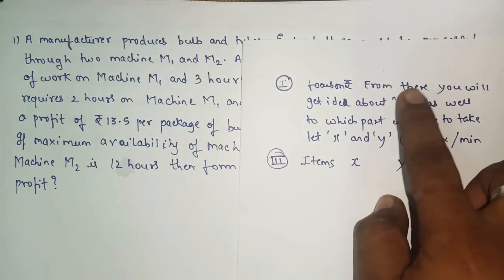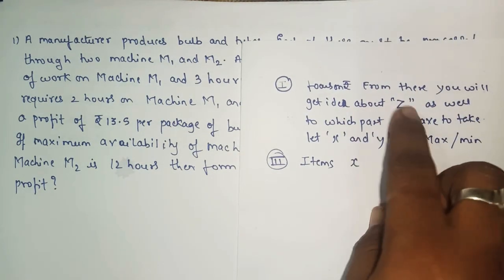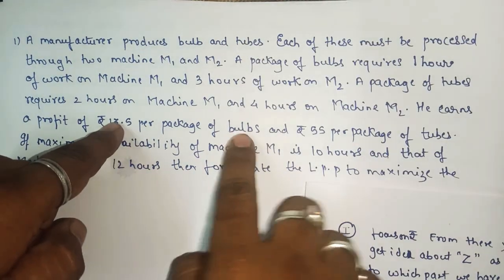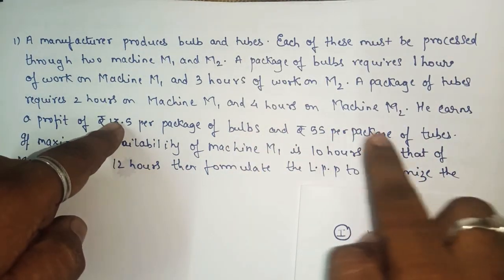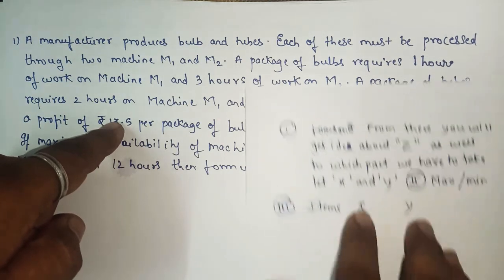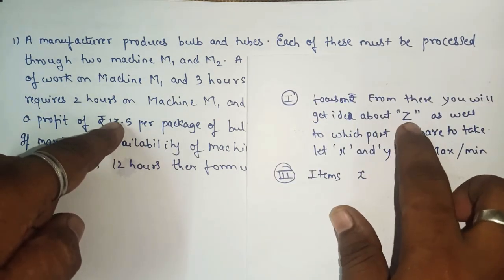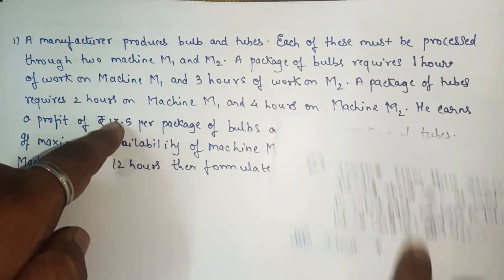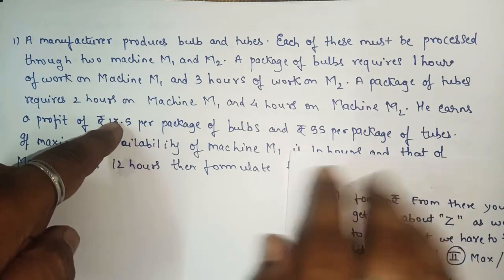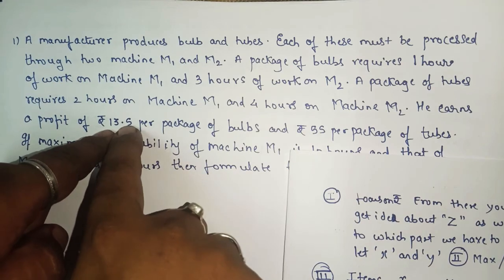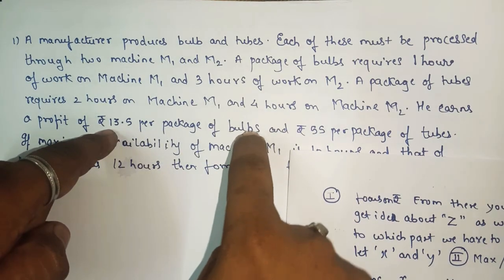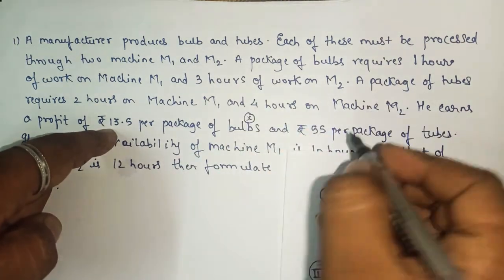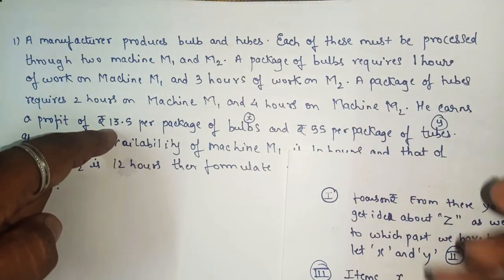From there you will get the idea about Z. So where do you get the idea of Z, as well as which part we have to take as X and Y? Clearly we have rupees 13.5 per package of bulb. So for bulb we'll take X, for tube we'll take Y.